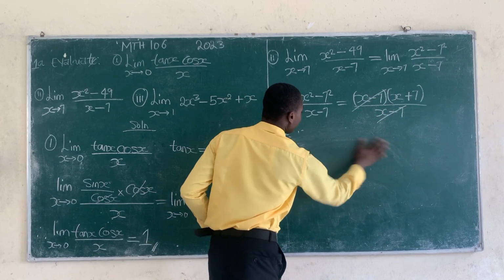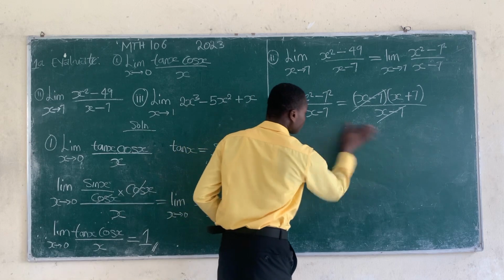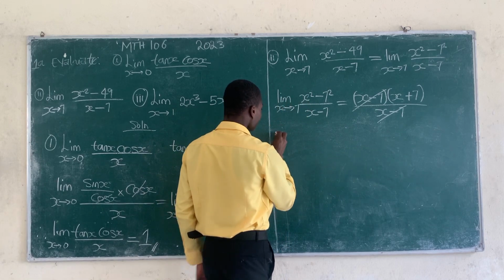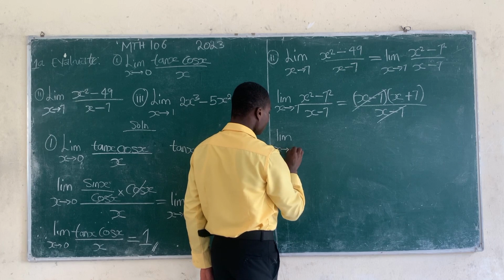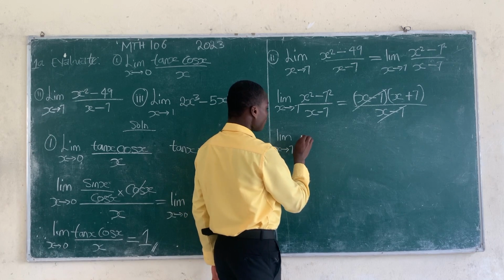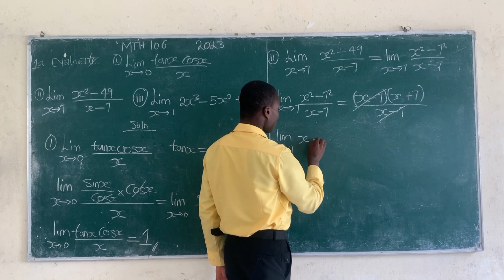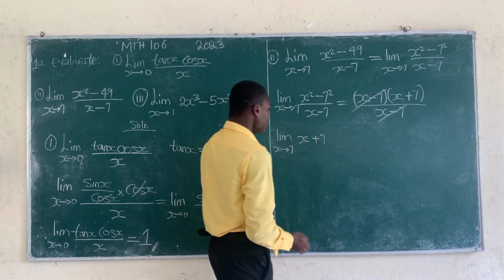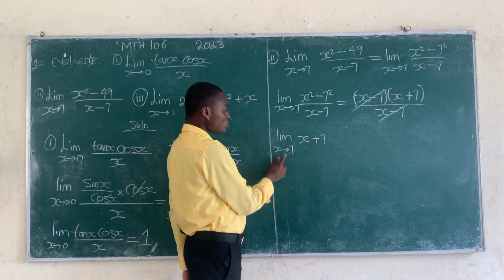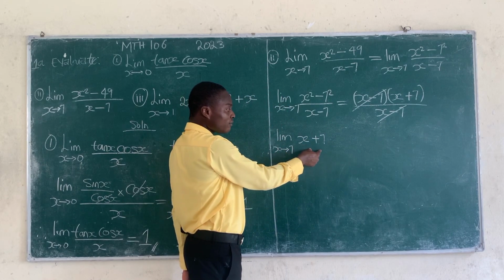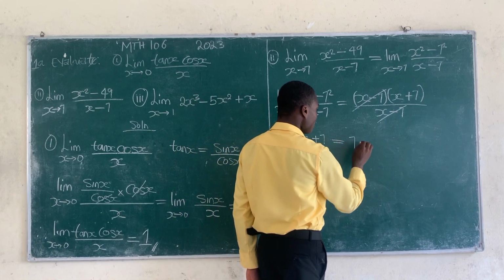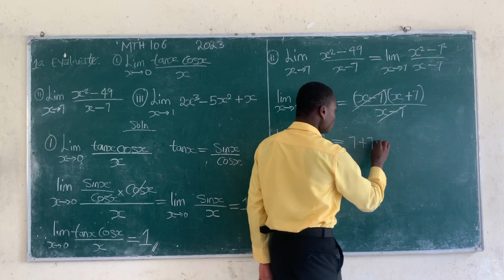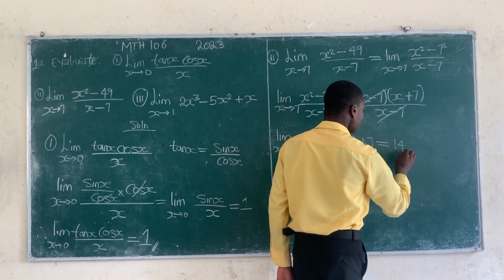So what we are going to be having here is the limit as x approaches 7 of x plus 7. Then we can go ahead now and substitute the value of x into the given function. So what we are going to be having here is 7 plus 7, which is equal to 14.